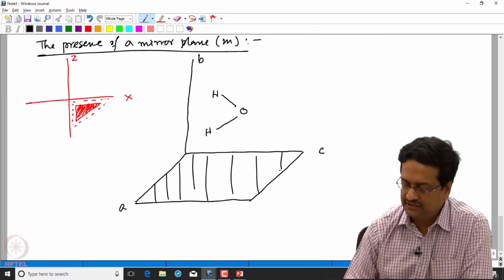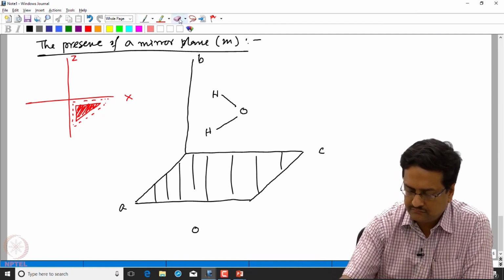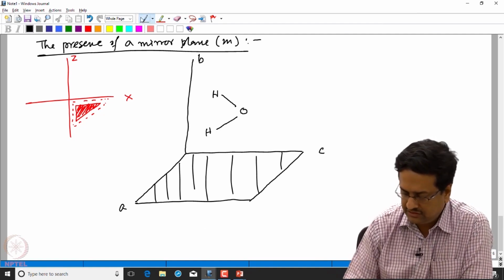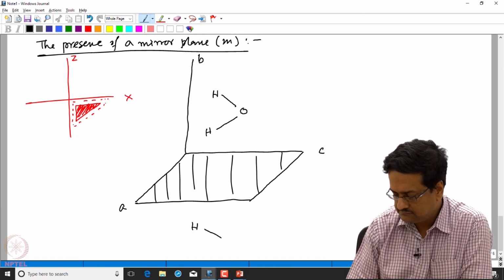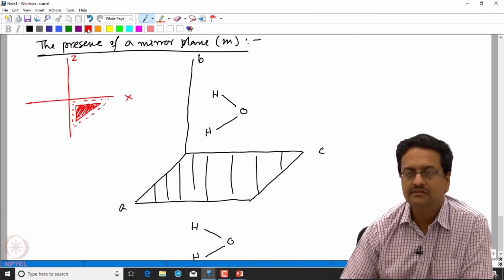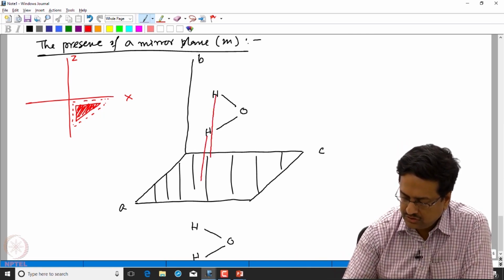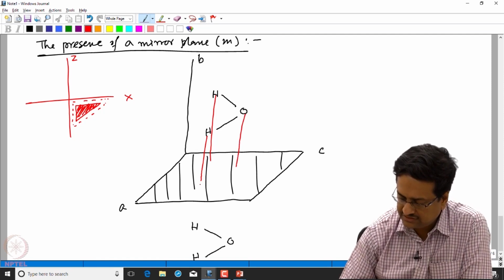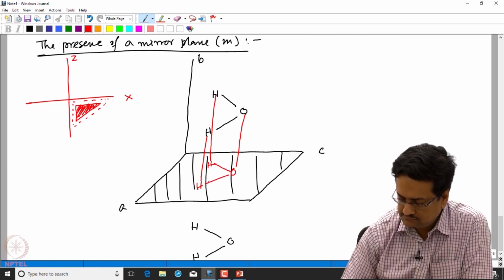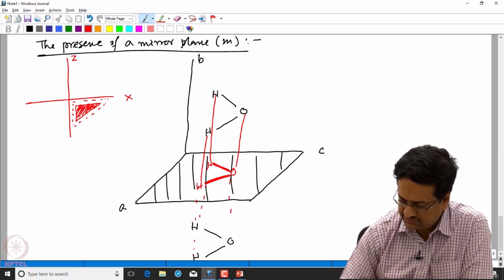The reflection of that water molecule should come below this mirror plane, as I am drawing here, and the actual projection of this water molecule on this plane from the upper side falls at these three places, and from the lower side also falls at the same places.